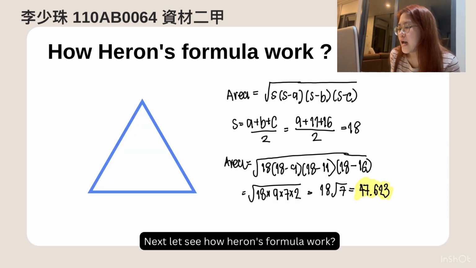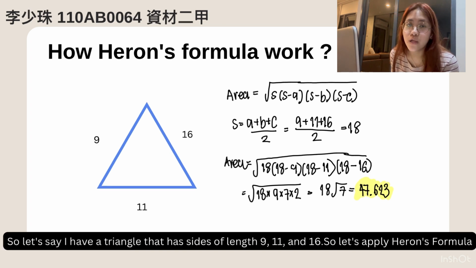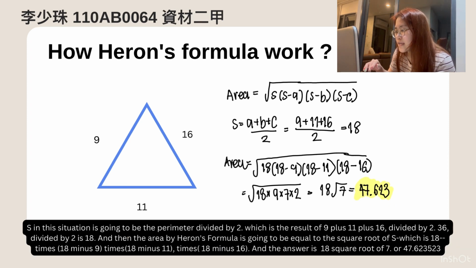Next, let's see how Heron formula works. Let's say I have a triangle with sides 9, 11, and 16. Let's apply Heron formula. S in this situation is going to be the perimeter divided by 2, which is 9 plus 11 plus 16 divided by 2. 36 divided by 2 is 18.